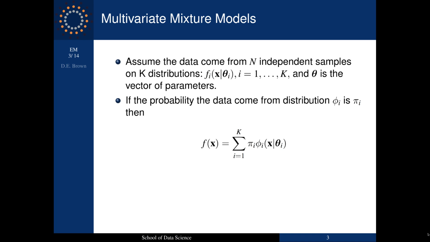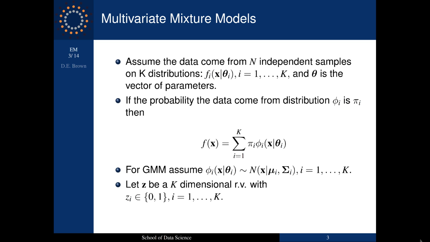If that probability is pi, then the pi sub i's represent the mixing weights on each one of these densities that give us our estimate for the overall density of our data. For Gaussian mixture models, we assume these phi's are Gaussians, and we give them a mean vector mu and a variance-covariance matrix sigma.